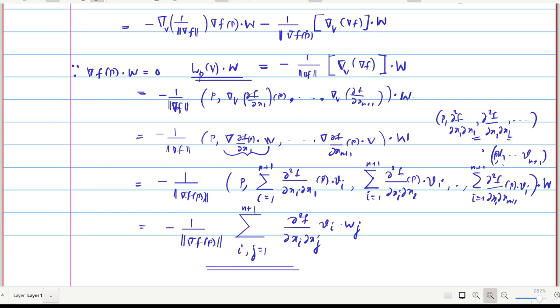In a similar fashion we will evaluate LPW dot v. That means the right hand side should be v dot LPW. So in order to find v dot LPW, it is enough to show that LPW dot v will also give the same formula. Okay, so next we will evaluate that one.